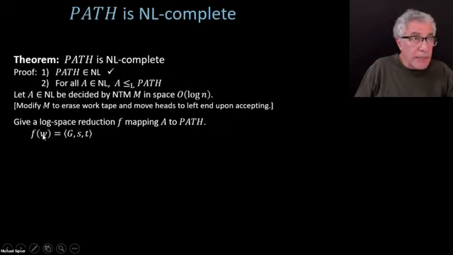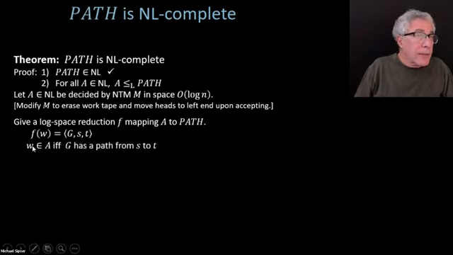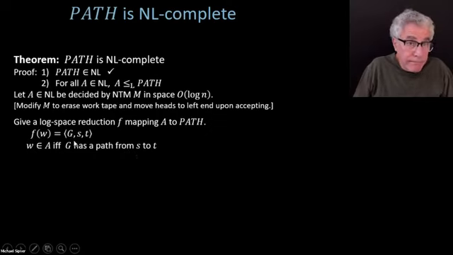Thinking about what that means, I'm going to take an input W, which may or may not be in A, and produce for you a graph G with start and target nodes S and T, where W is going to be in the language if and only if G has a path from S to T. And what do you think that graph is going to be?